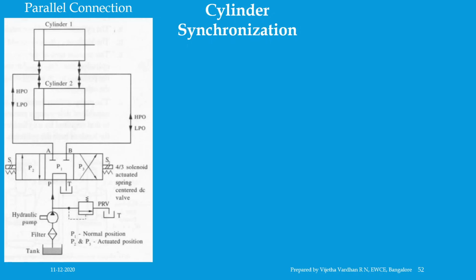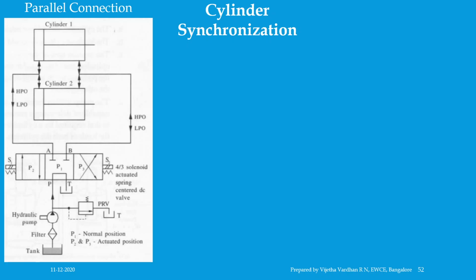Upon working, the directional control valve is actuated to position P2 by supplying electrical power to solenoid switch S1. Ports P and A are connected and B and T are connected. High pressure oil enters the head end of both cylinders at the same time and extends the cylinders together, and the low pressure oil from the rod end of the cylinders flows back to the tank through ports B and T. When the directional control valve is actuated to position 3, ports B and P as well as A and T are connected.